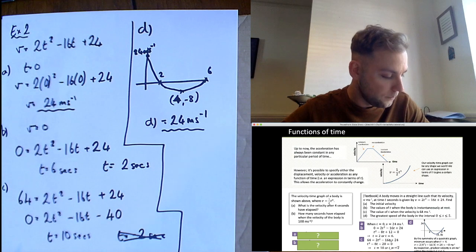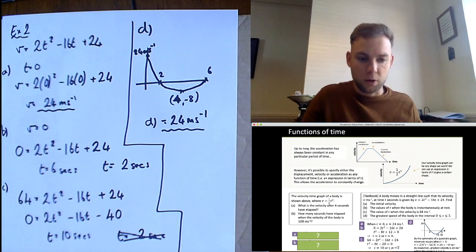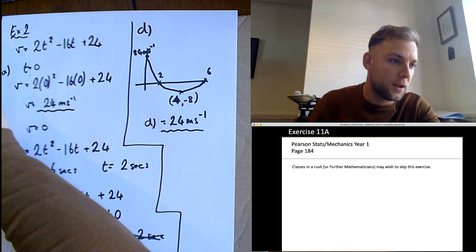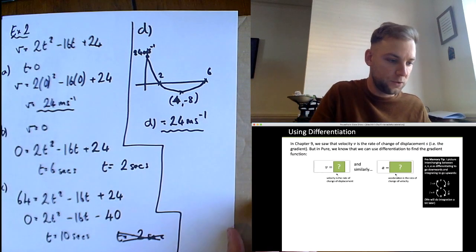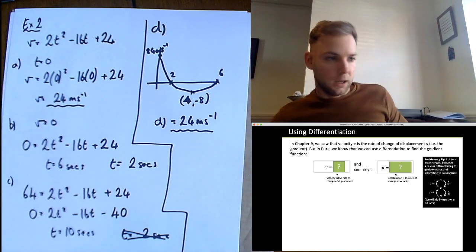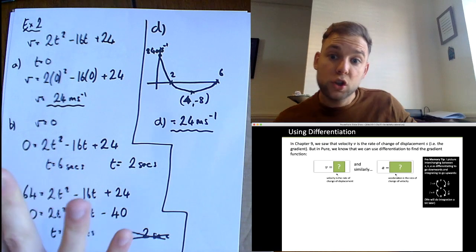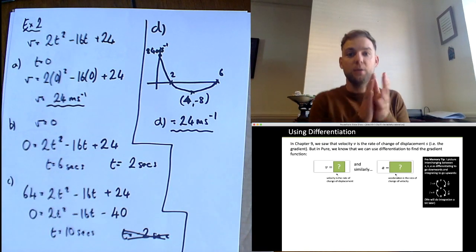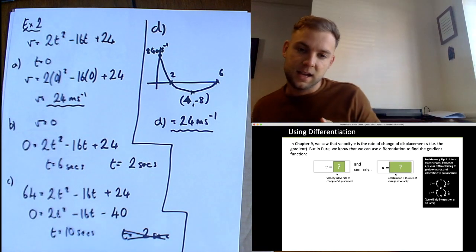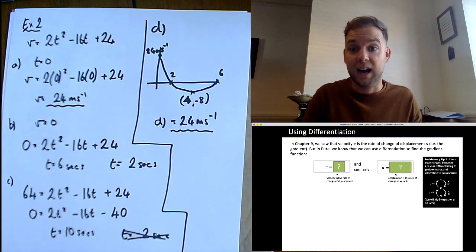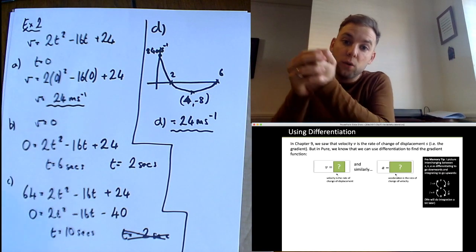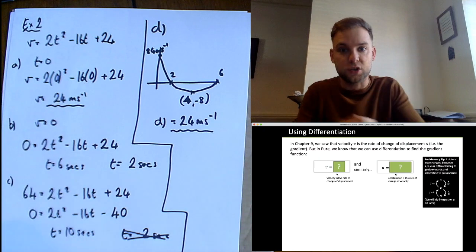Brilliant. Perfect. So let's move on to our next part of this lesson. We've just discussed the fact that we can represent our velocities in terms of time, and when we have this, our acceleration is changing, so we get this curve.